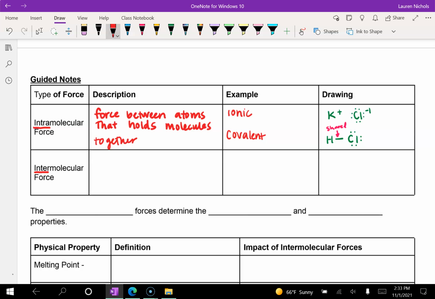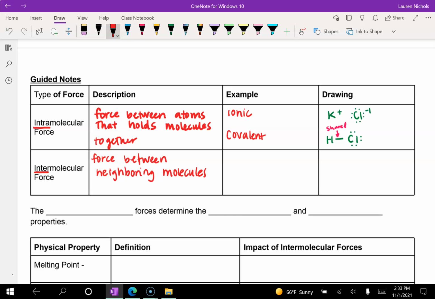But an intermolecular force is a force between neighboring molecules, so this is between multiple molecules. They're given specific names, but I'm mostly going to focus on drawing what that looks like.